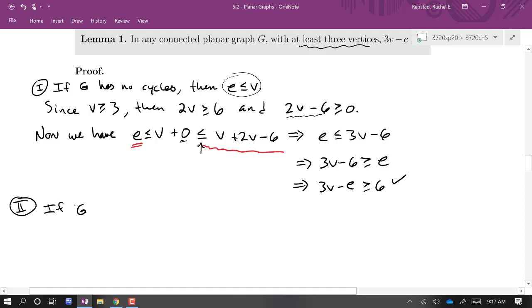If G has cycles, that means that there are faces, right? And we'll note that each face is bounded by at least 3 edges, right? It takes at least 3 edges to bound a face.